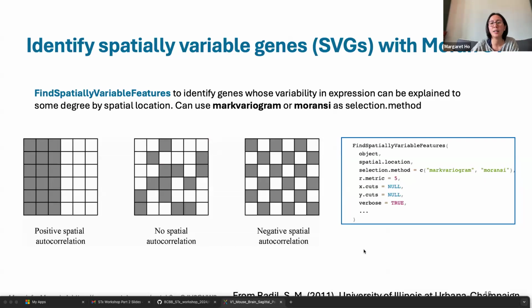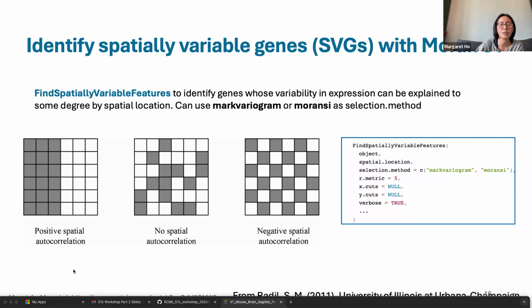Okay, so the last bit of downstream analysis is looking at spatial variability in gene expression, which can be measured using a metric called Moran's I, which measures spatial autocorrelation. Moran's I is going to range from 1 for positive spatial autocorrelation.